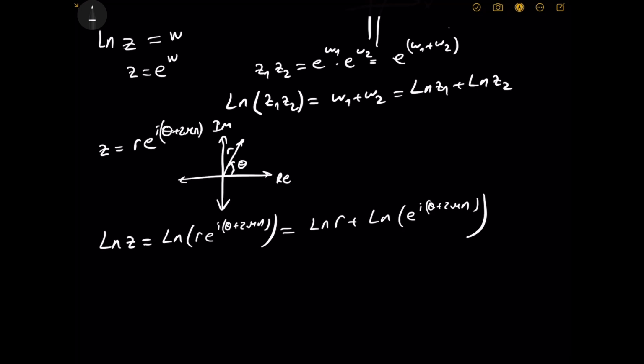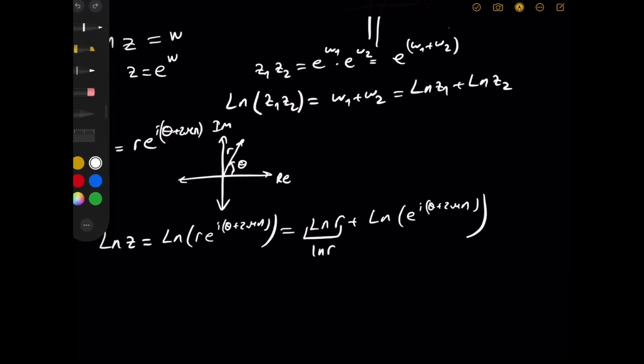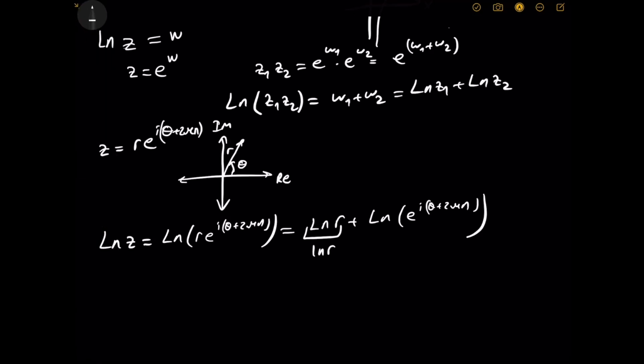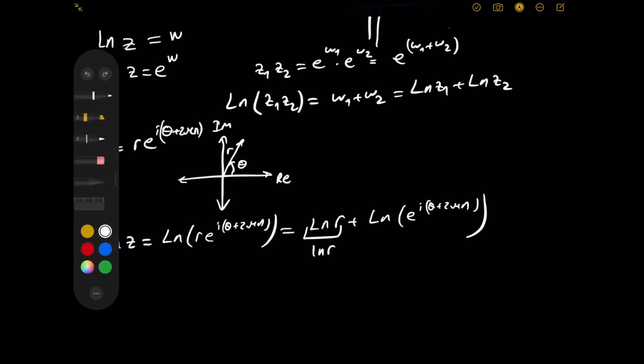And this can be written as the good old ln r with a lowercase l, because r is a real number and it's in fact a positive number. We can consider it as the radius. It can be negative, but we really don't prefer to write it negative. In the polar form, the convention is to choose it as a positive number. And even if it is negative, you can always toss it into theta and you make r a positive real number, okay?